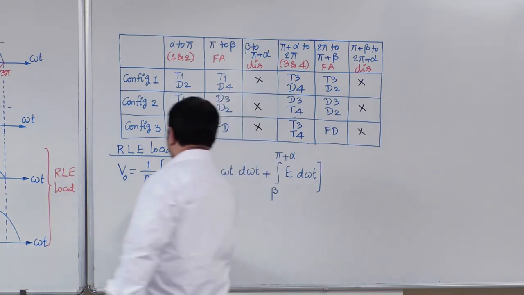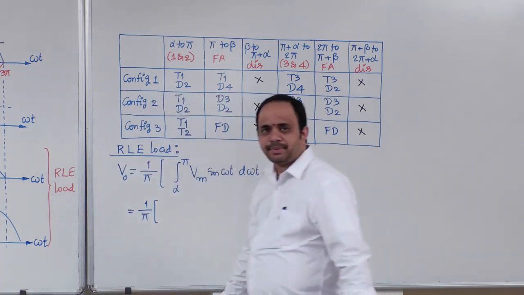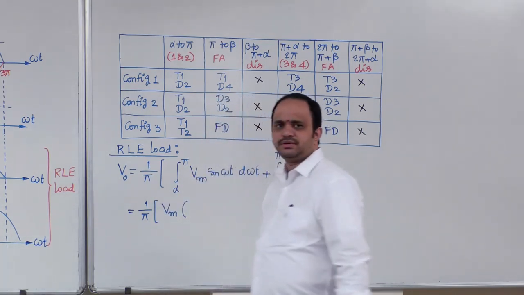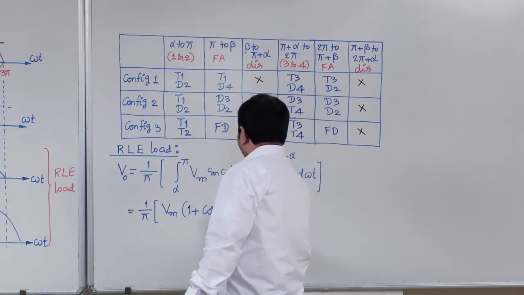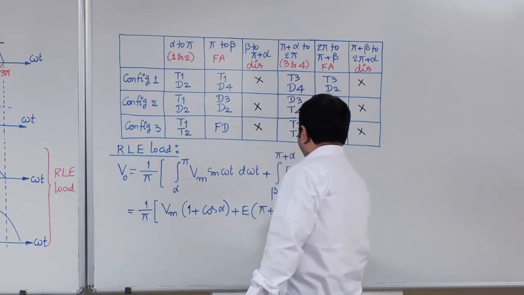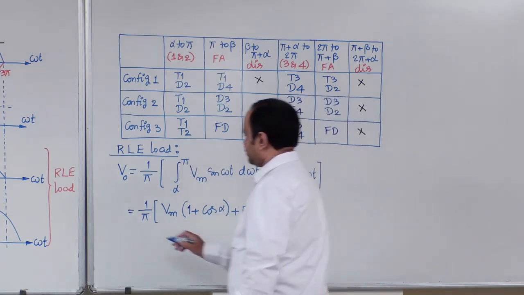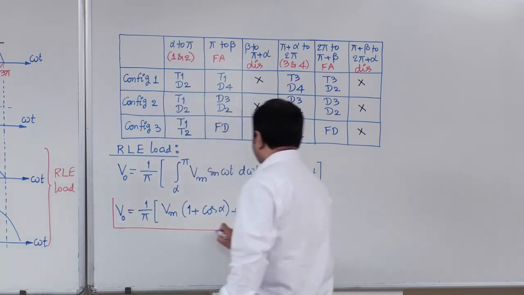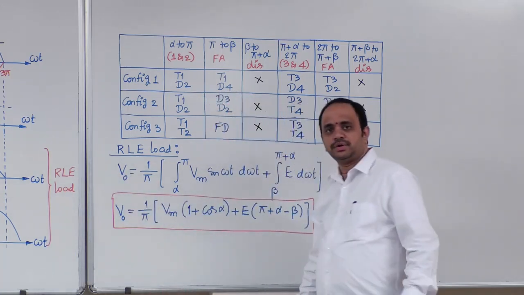Simplifying, you will get V naught equal to 1 by pi [Vm (1 plus cos alpha) plus E (pi plus alpha minus beta)]. This is the expression for average output voltage in case of RLE load.